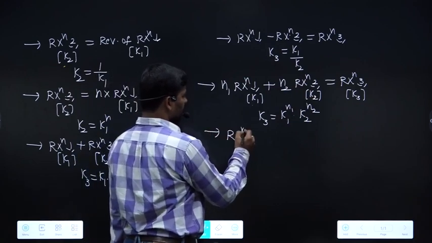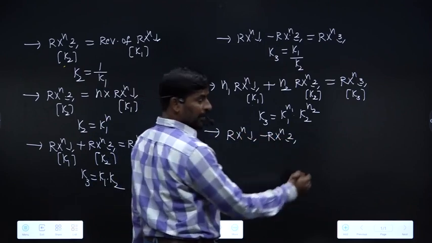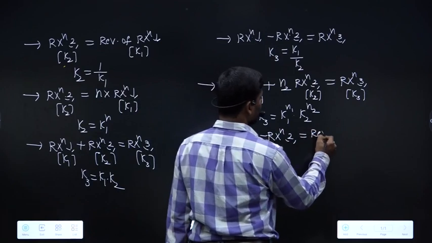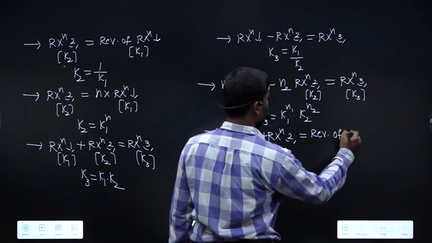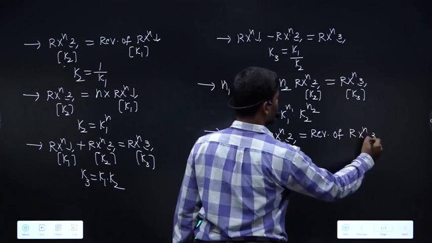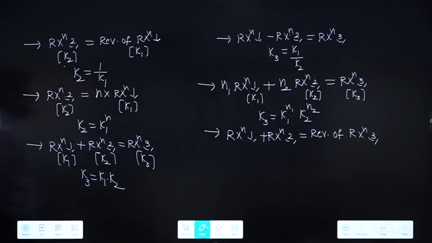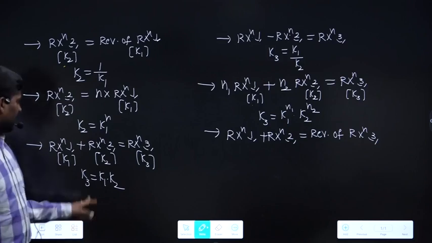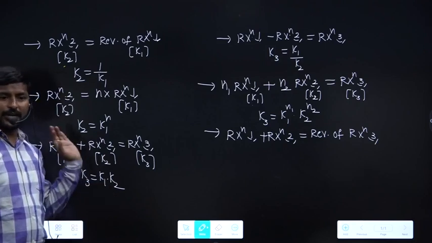For example, reaction 1 plus reaction 2 gives the reverse of reaction 3. If reaction 1 plus reaction 2 gives reaction 3 directly, then the formula is K3 is equal to K1 into K2.